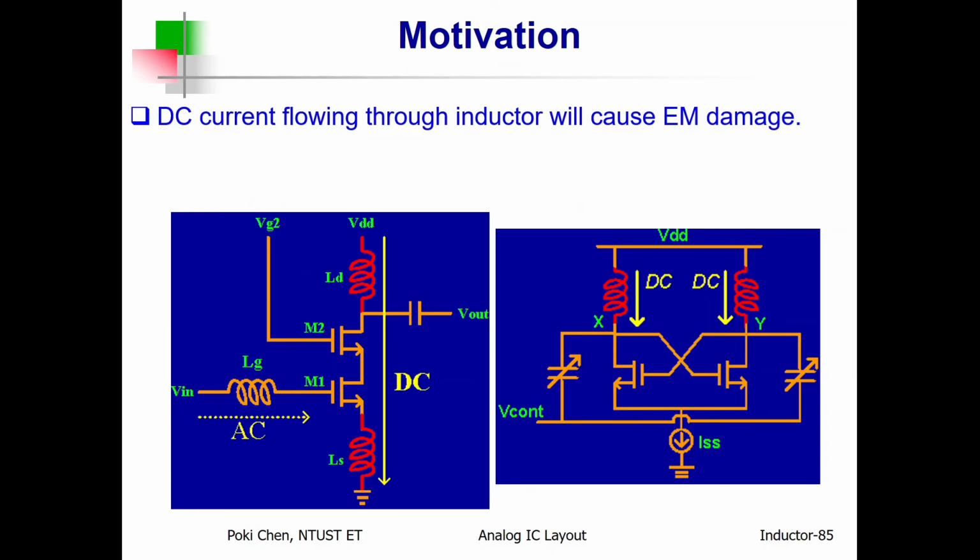What is the motivation for the paper? Intel also focuses very much on RF circuits for the modem, for the LNA, mixer, all of them. But they found that for the inductor in the RF chip, the lifespan was much shorter than their expectation. Something was wrong with their design.